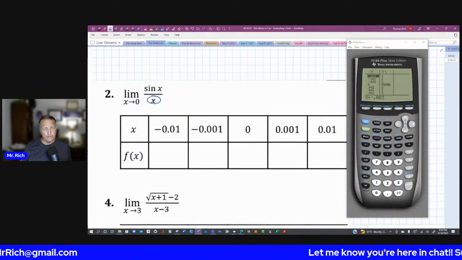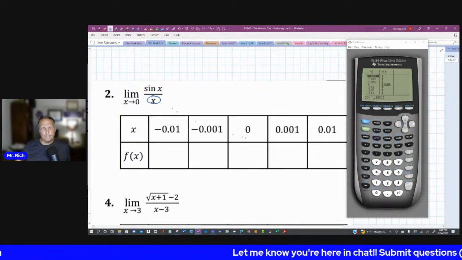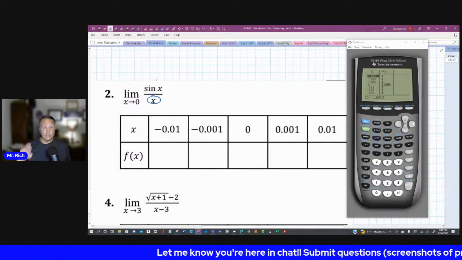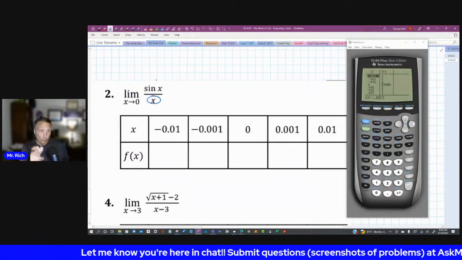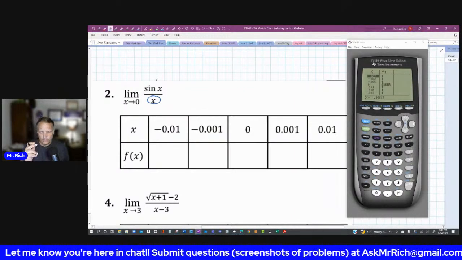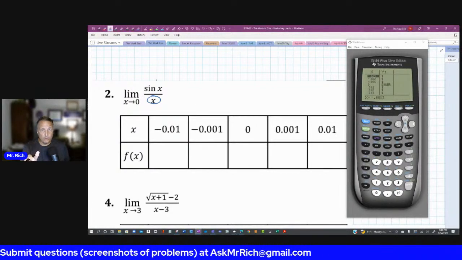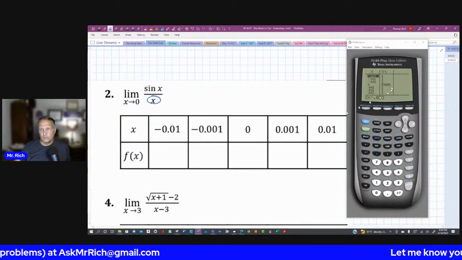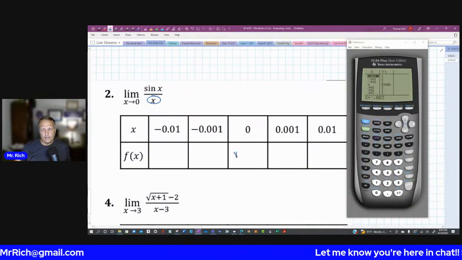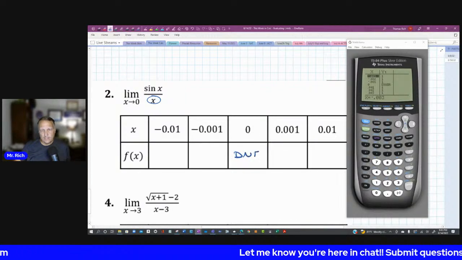It makes my denominator 0. But it's not readily apparent from your pre-calc whether that discontinuity is an asymptote or a hole. So we're going to find out here in just a second. But we do know so far that the function does not exist at 0.